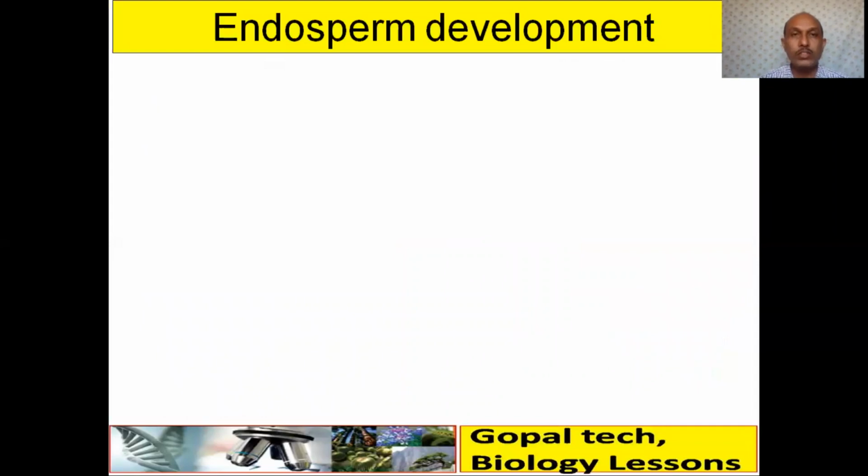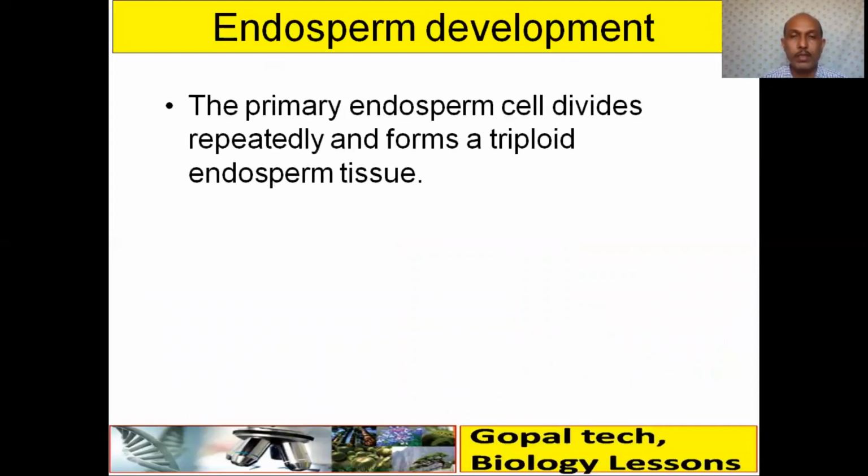Now first we'll see endosperm development, because endosperm should divide first before developing the embryo, because endosperm provides food to the embryo. So the primary endosperm cell, that is PEN, divides repeatedly by mitosis and forms a triploid endosperm tissue.